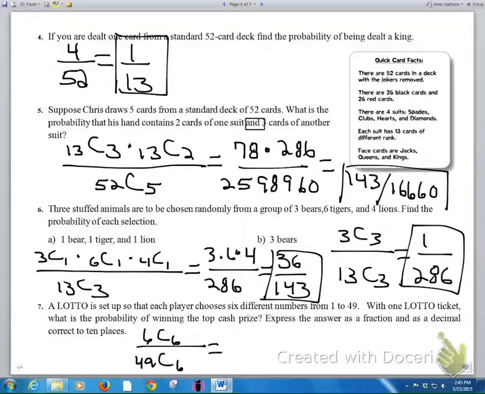So we know that there's 49 numbers, C6, but there's only 6 right numbers and you want all 6 of them. So that's going to be 1 over 13,980,000. And I'm not going to worry about it as a decimal. It's a very, very small decimal. So we'll skip that portion.